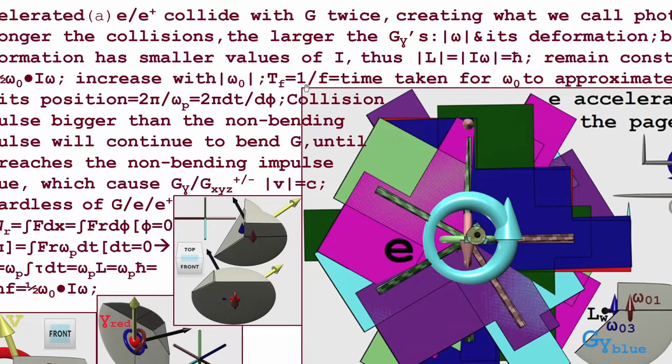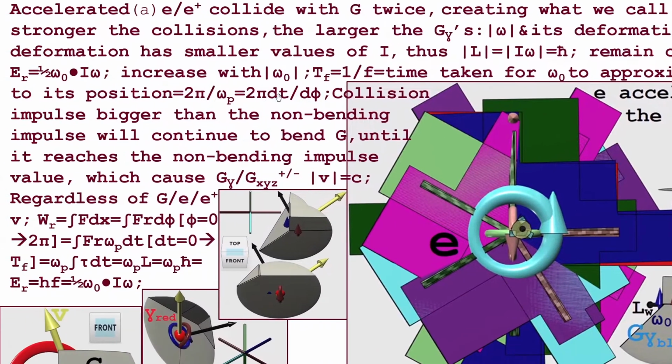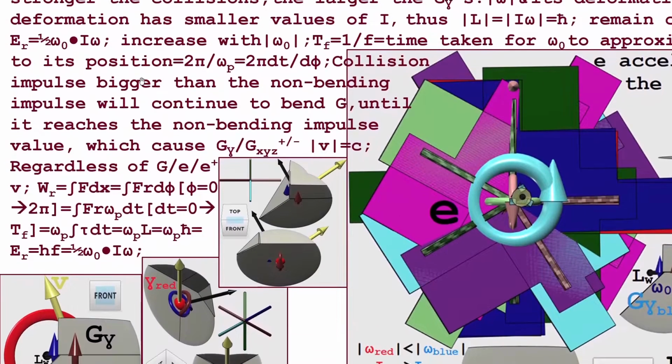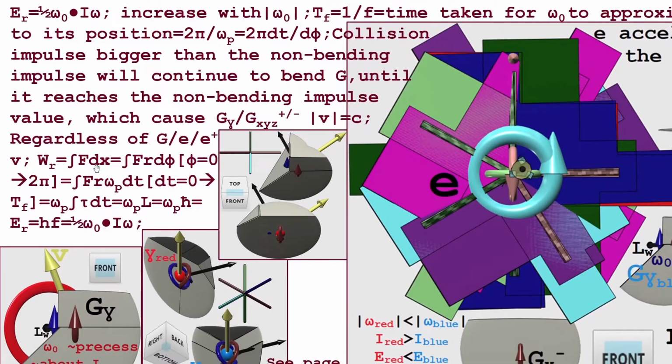Therefore, the photon frequency is 1 over T sub f. Because the magnitude of the photon angular momentum is constant and equal to the reduced Planck constant, if we use change of variables in the integral that calculates the photon rotational energy, we can show that the photon rotational energy is equal to the product of its frequency and Planck constant.